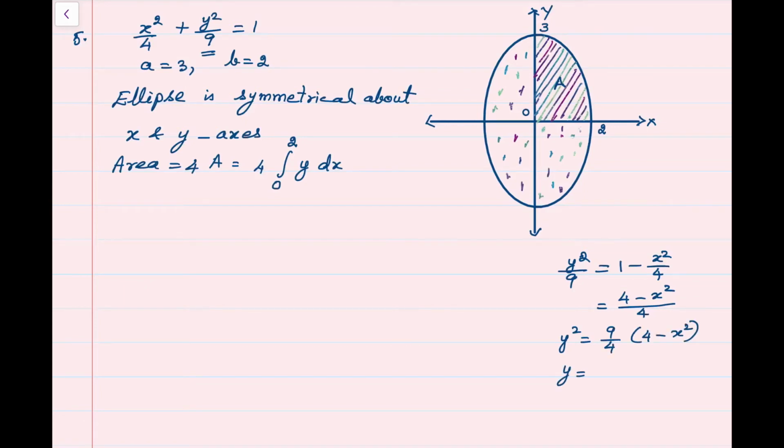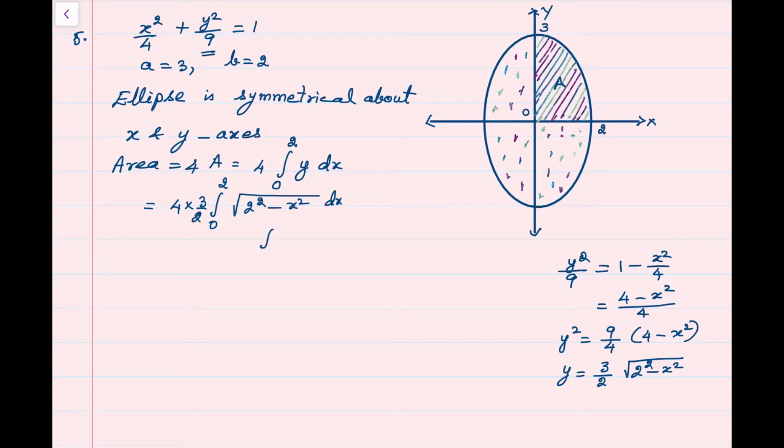Y will be, no need to take plus or minus sign because we are using the curve in the first quadrant, so positive sign. 4 times integral 0 to 2 of 3 by 2 is a constant, let us write it outside, and root of 2 square minus x square dx.